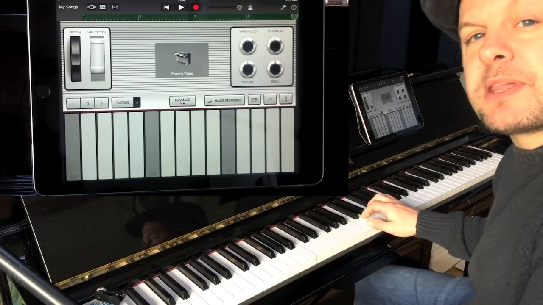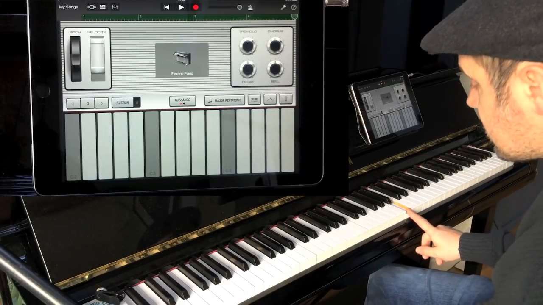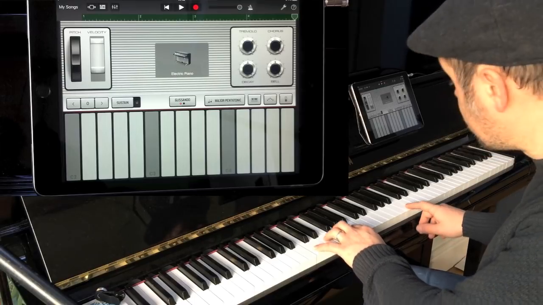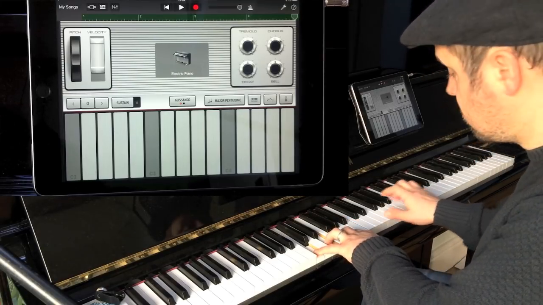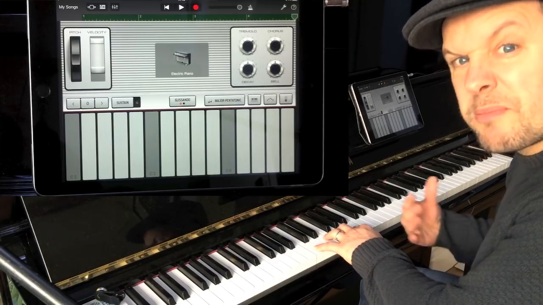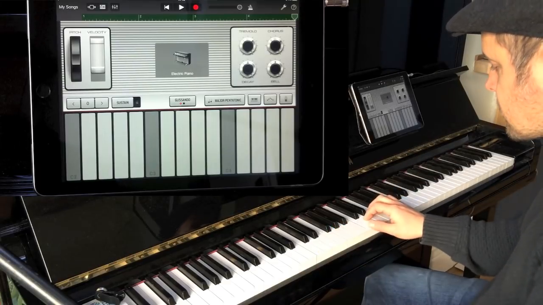So the major pentatonic gets rid of that F, and it also gets rid of the B, which is not such a problem, it actually changes the chord to a major 7. But the major pentatonic here just does this.